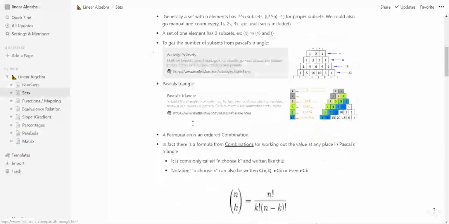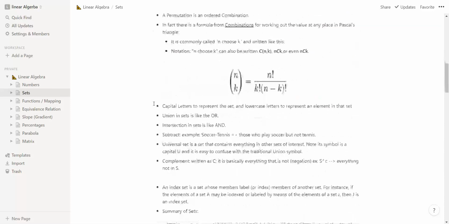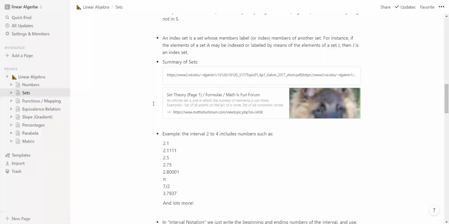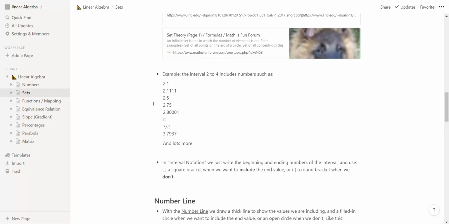And then there's Pascal's triangle, which makes things a lot easier, but we could skip that for now.